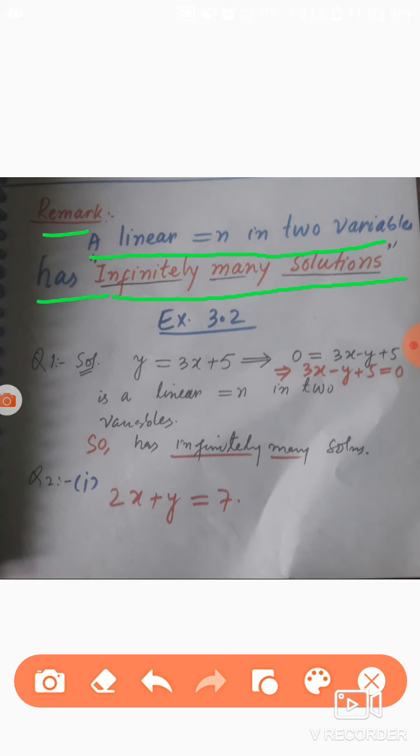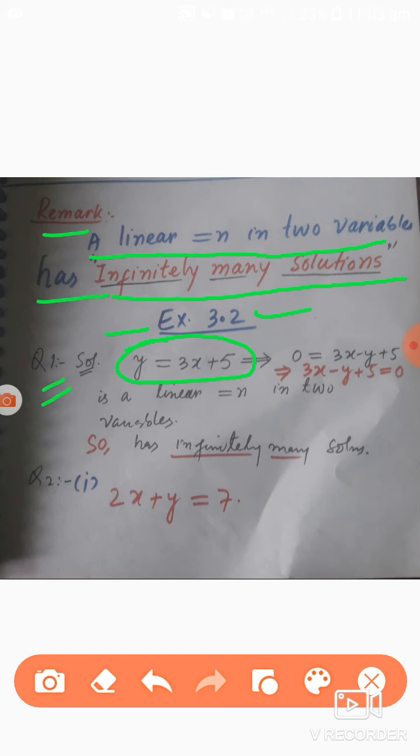In exercise number 3.2 of your textbook, the first question is a multiple choice question. It asks how many solutions the given equation y equal to 3x plus 5 can have.